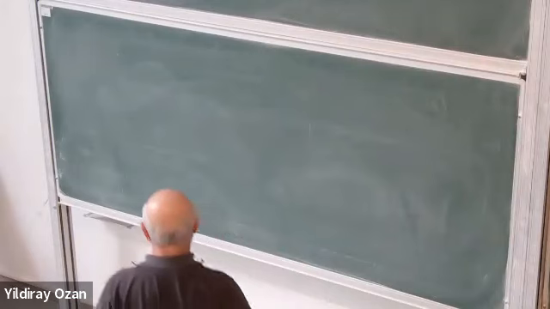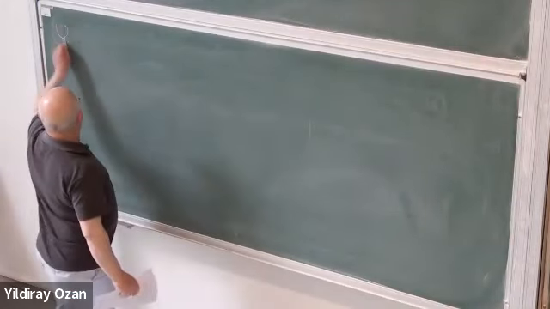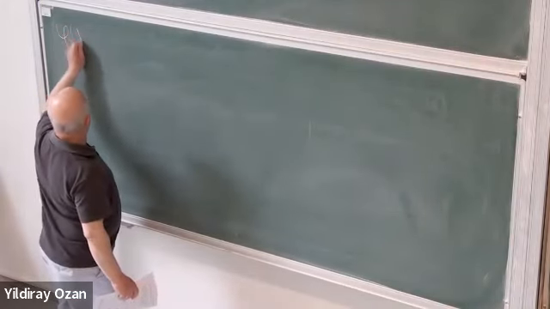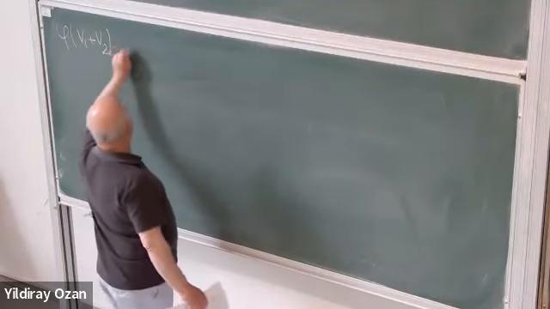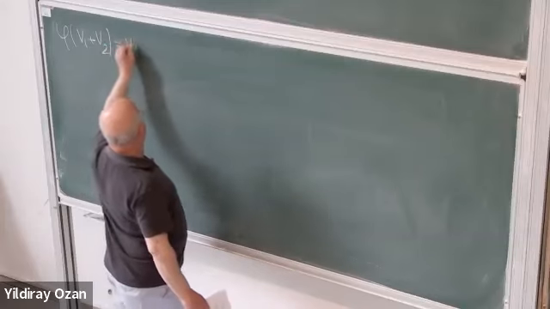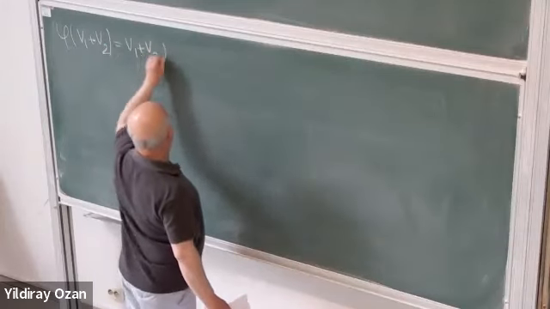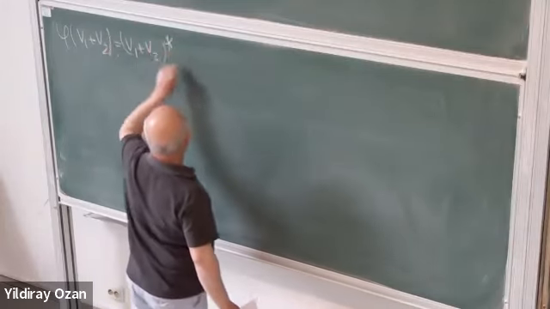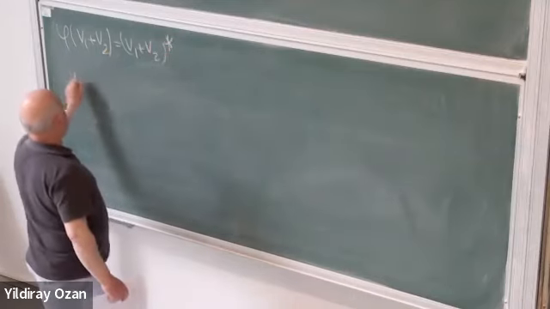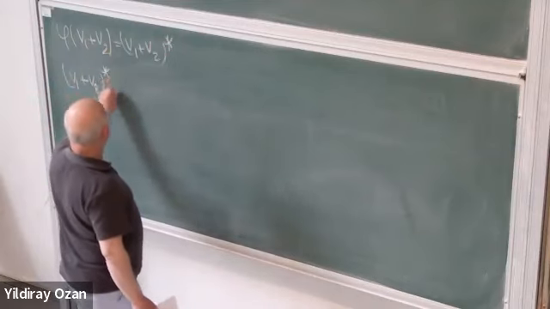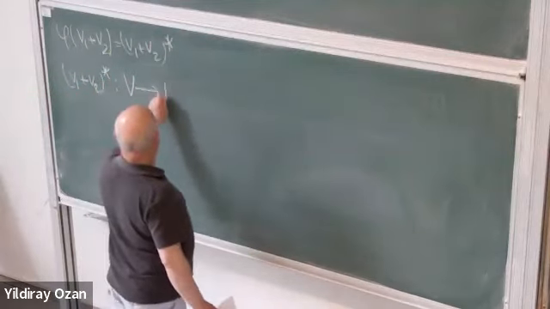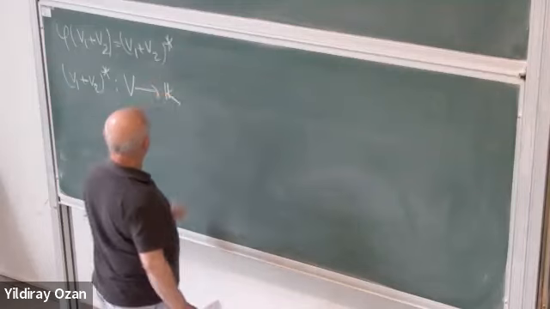Okay, now let's see why this phi is linear. So, phi of v1 plus v2 is just v1 plus v2 star. Now, what is the action of this vector? This is a map from V to K, right?